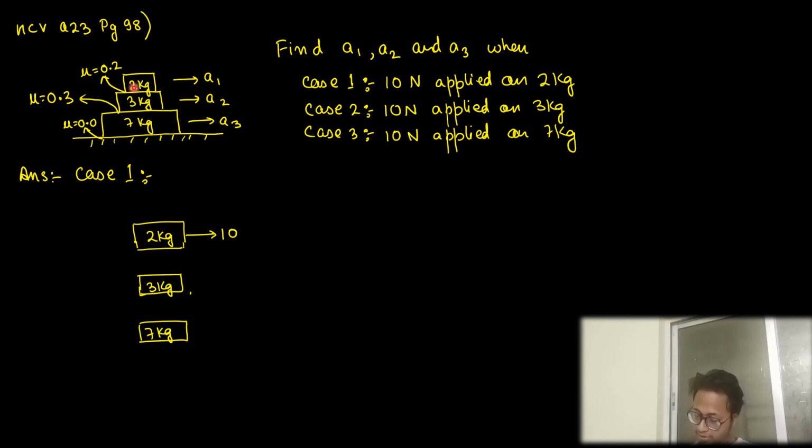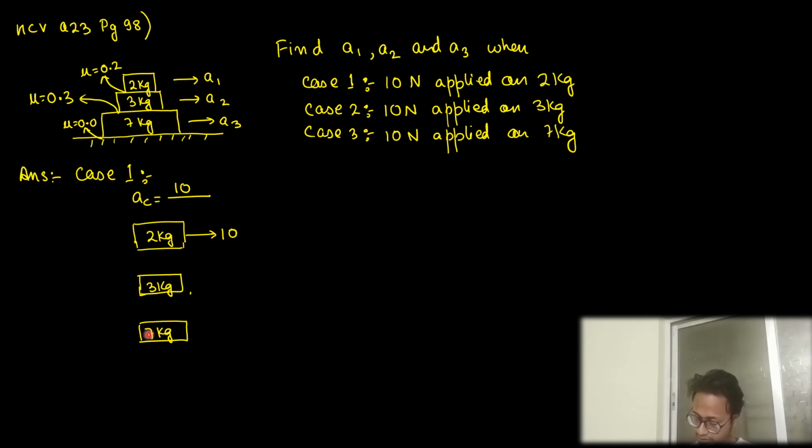Common acceleration means I have to assume these blocks move together. Not all three blocks, but this first block and this second block move together. So common acceleration is nothing but total force divided by total mass.